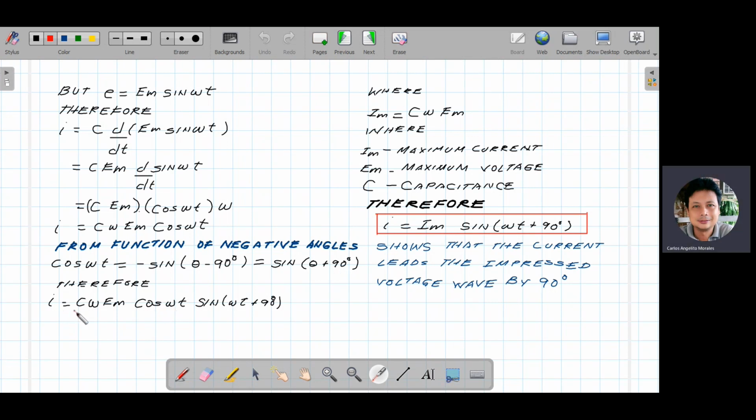Therefore, I is the capacitance times the angular frequency times the maximum voltage sine omega t plus 90 degrees, where I maximum is the capacitance multiplied by the angular frequency times E maximum, where I maximum is maximum current, E maximum is maximum voltage, C capacitance. Therefore, I is equal to I maximum sine omega t plus 90. No, shows that the current leads the impressed voltage wave by 90 degrees.